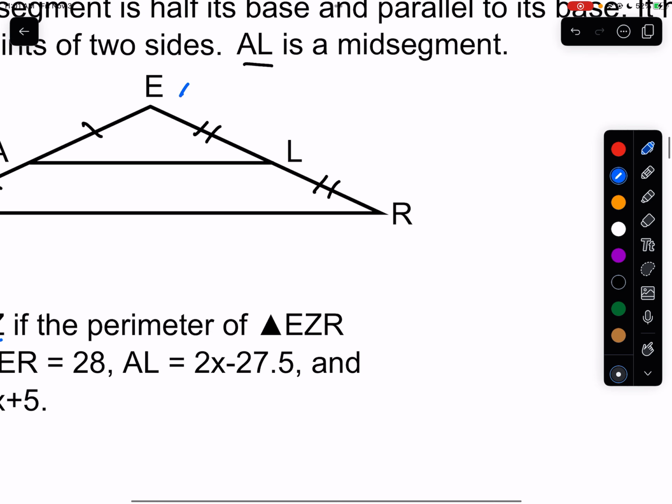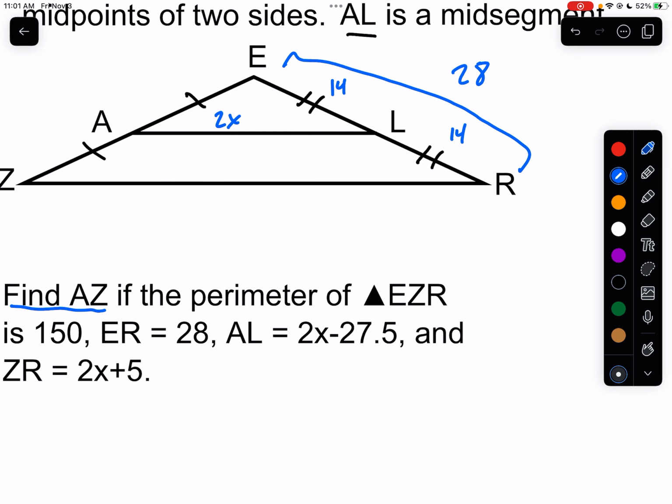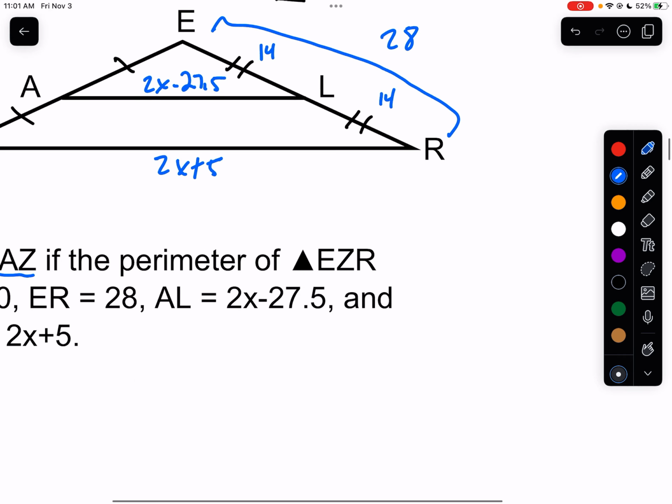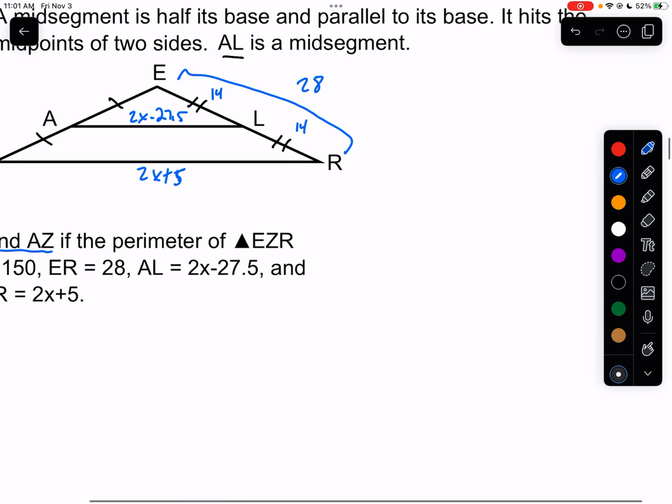They tell you that ER, this entire side, is 28, so we know each piece is 14. They tell you AL is 2x minus 27.5, and ZR is 2x plus 5. So just a basic mid-segment situation where we know that the mid-segment, 2x minus 27.5, is exactly half.